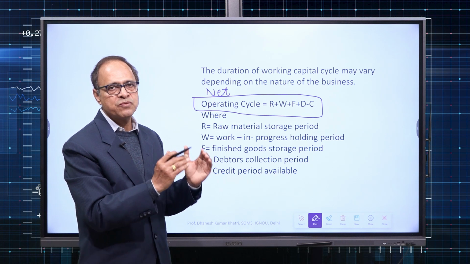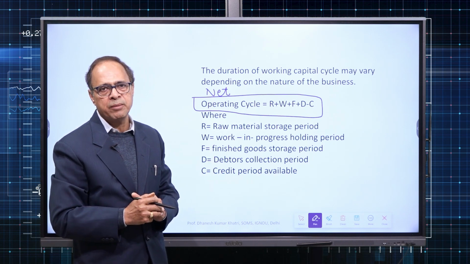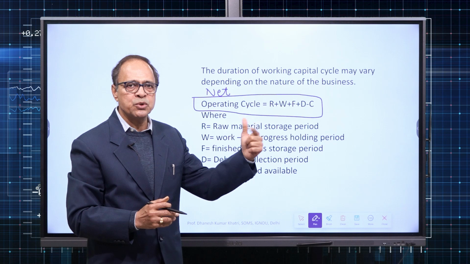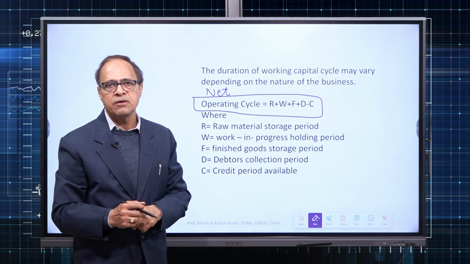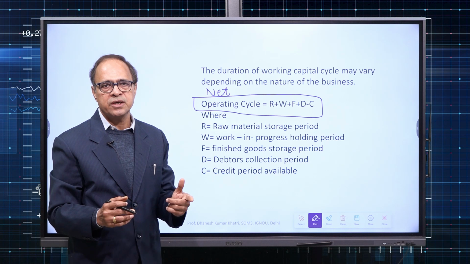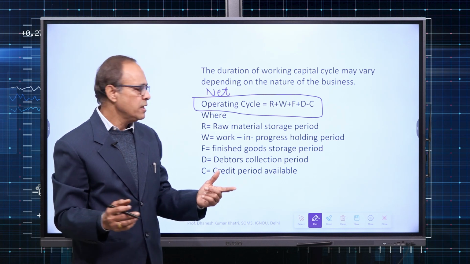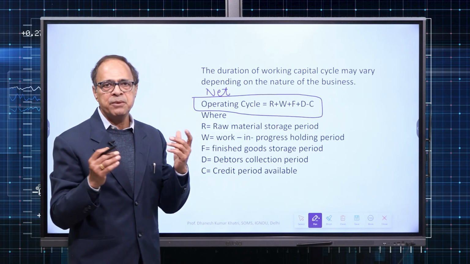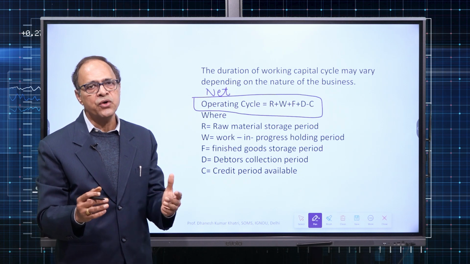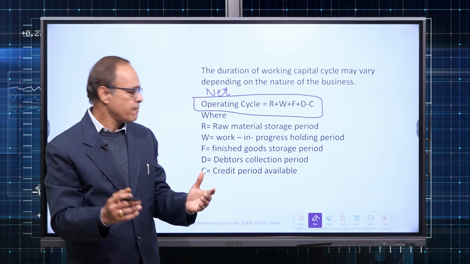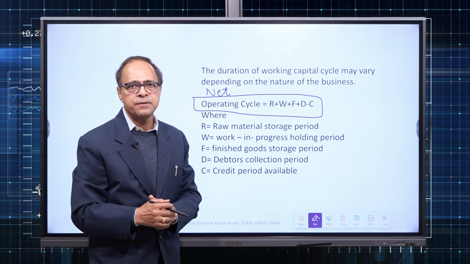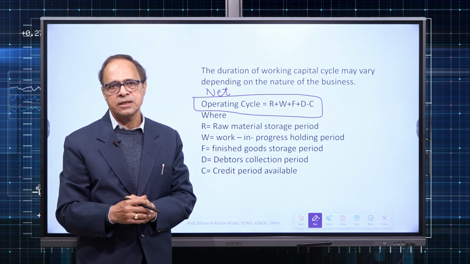So, I am keeping stock of semi-finished goods equal to 10 days requirement, so that production process keeps on continuing smoothly. Finished goods storage period 15 days or 1 week, 1 month, 2 months. This means on an average I am keeping the stock of finished goods for 15 days requirement or 1 month requirement, whatever is there.